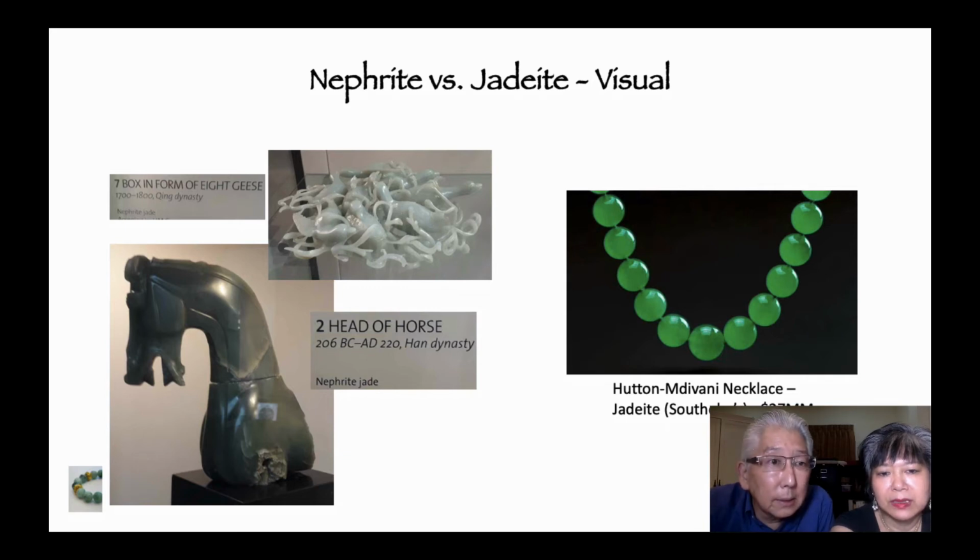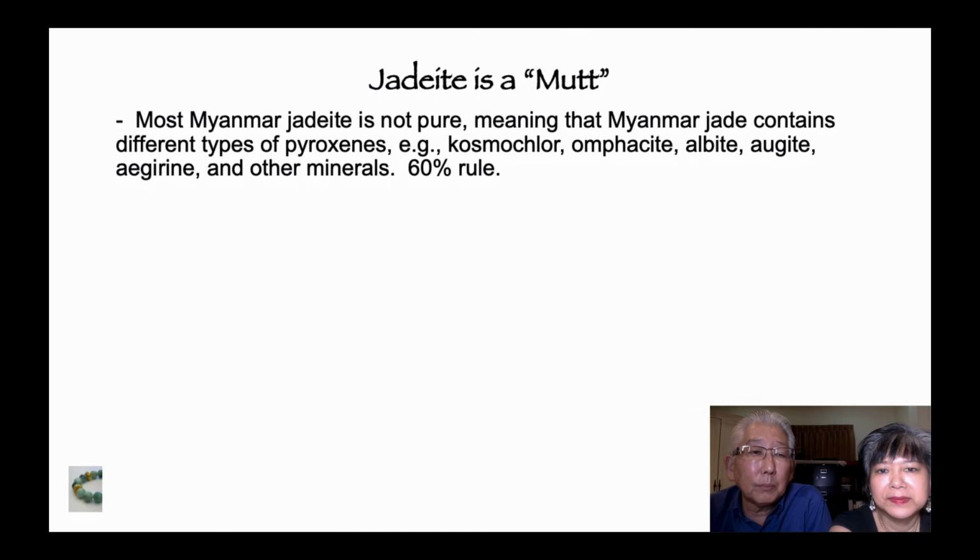And for this one, the Qing Dynasty, is 1700 to 1800. But you can tell it's not shiny. They're beautiful pieces, but they have that waxy, soapy look. So there's a visual example.